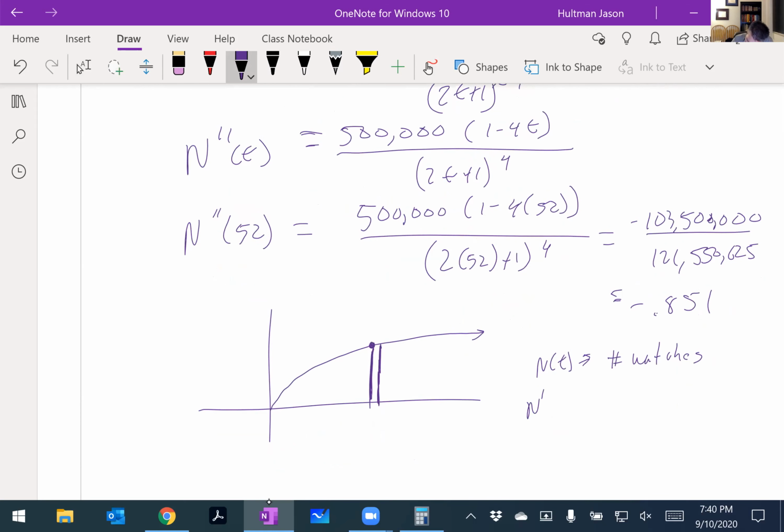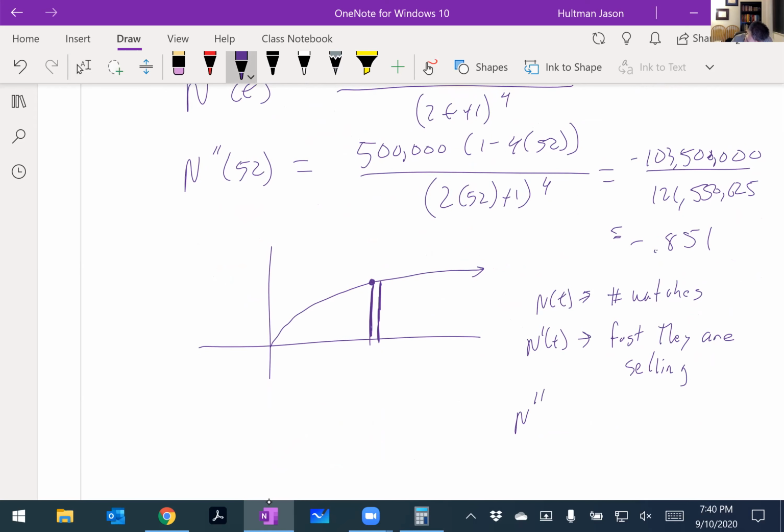What's n prime of t? Well, that's how fast they are selling. And what is n double prime of t? This is the acceleration or deceleration of sales. This is the rate of change of sales.